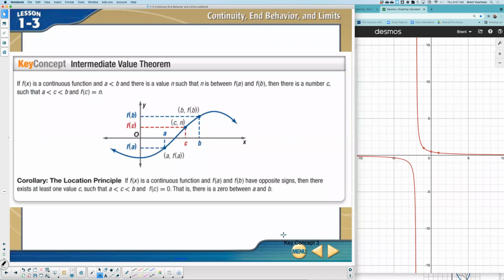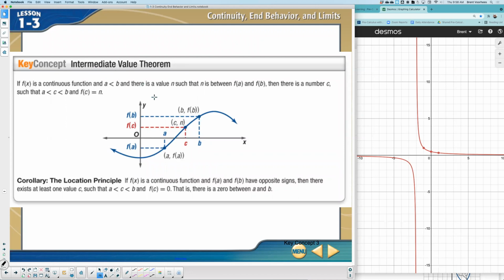All right, now let's talk about the intermediate value theorem. This is very basic, but it's got powerful implications. What the intermediate value theorem says is this: if you have a graph that's continuous, and you have a point on the x-axis, let's call it A, and another one B. So you have f of A and f of B. If this graph is continuous and, let's say, A is increasing to become B, then there's going to be a point C that could be found in the middle.